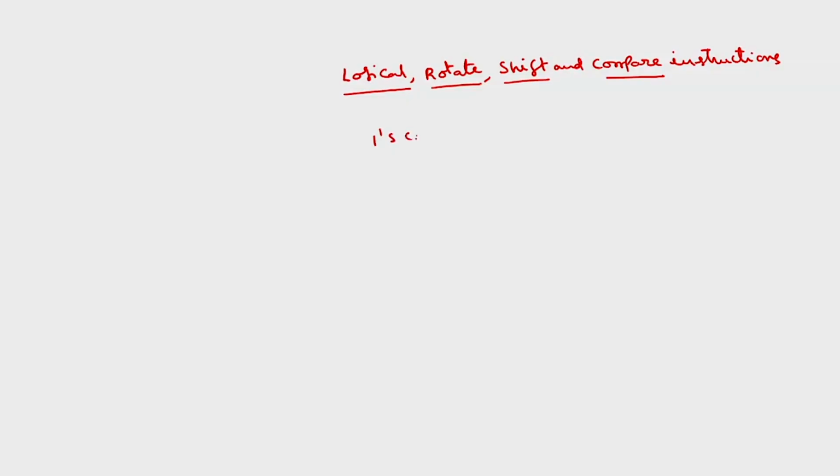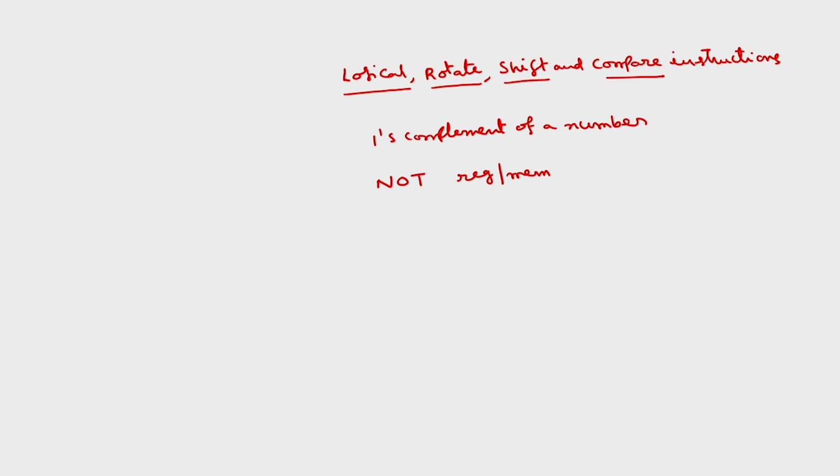First, if you want to find out the 1's complement of a number, we have a direct instruction which is called NOT. If I write NOT, we have to specify register/memory.